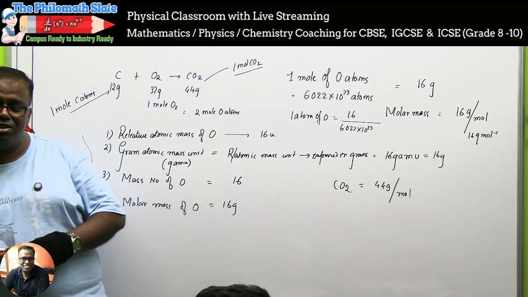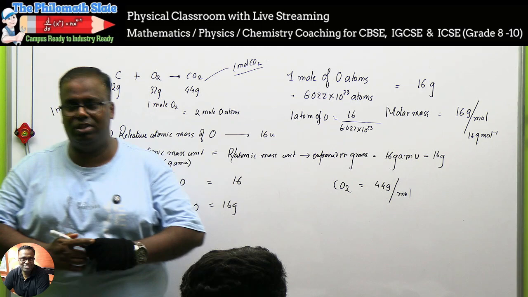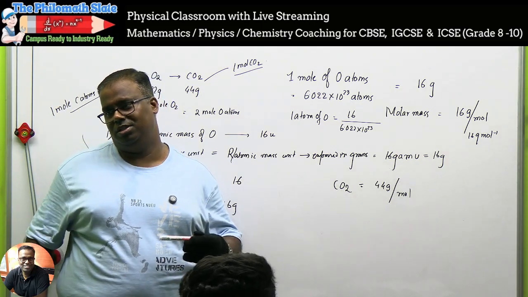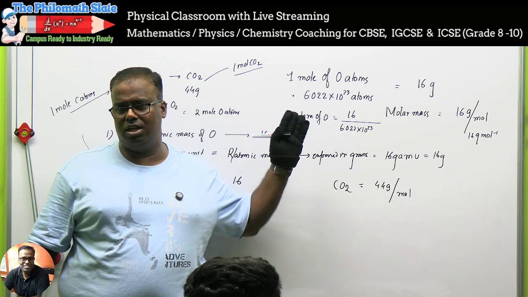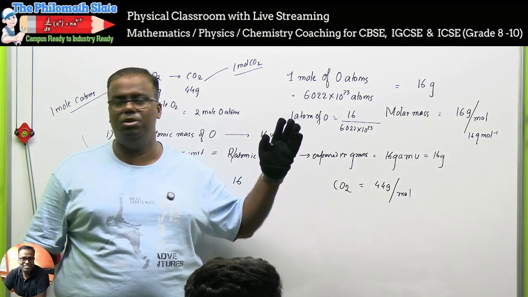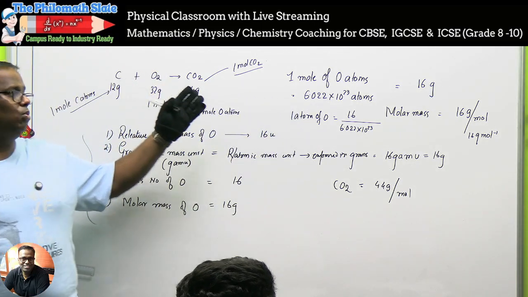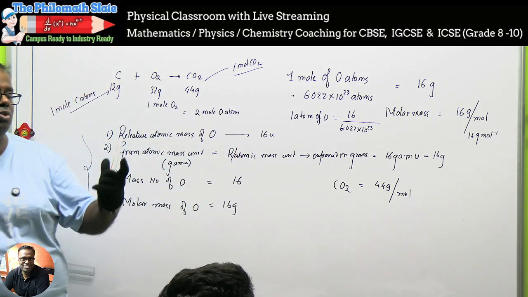And that number 6.022 × 10^23 is Avogadro's number. It has nothing to do with Avogadro's finding. He did not do any findings in that number. It's a respect given to him. Amedeo Avogadro, he is an Italian scientist. उसके नाम पे ये दिया गया. It's a unique number.